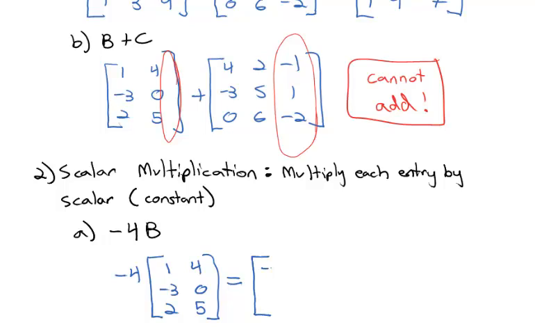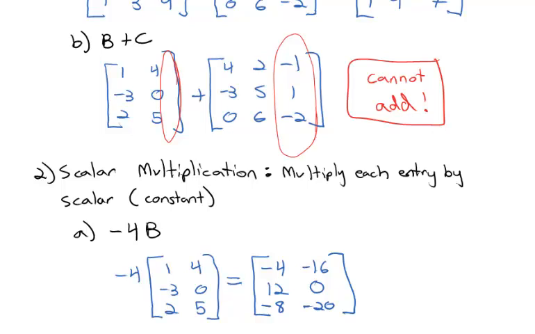So -4 times 1 is -4. -4 times 4 is -16. -4 times -3 is 12. -4 times 0 is 0. -4 times 2 is -8. And -4 times 5 is -20. And so this is what we get when we scalar multiply each entry by the scalar, or by the constant.